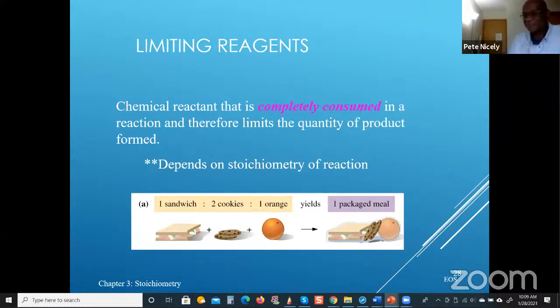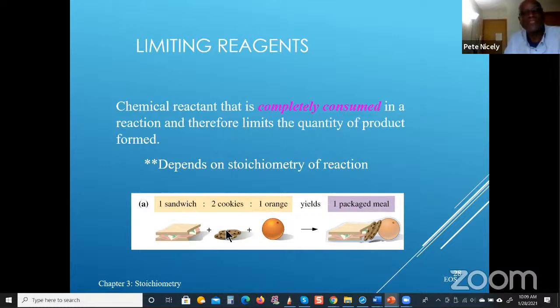To illustrate this, we're going to look at a non-chemistry example. Let's say you're given a task of preparing meals for a picnic. In order to make one package meal, which consists of a sandwich, 2 cookies, and an orange, that's basically the equation you're going to use to produce 1 unit of a packaged meal.